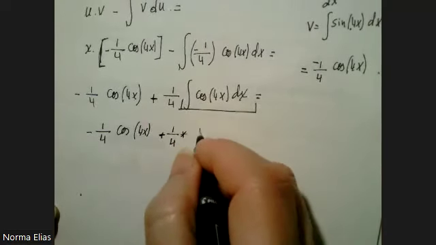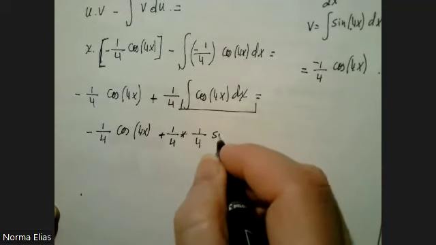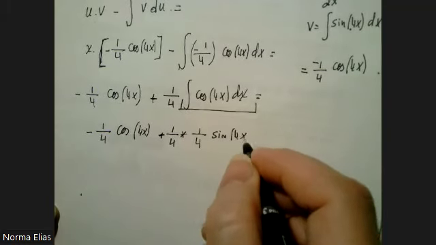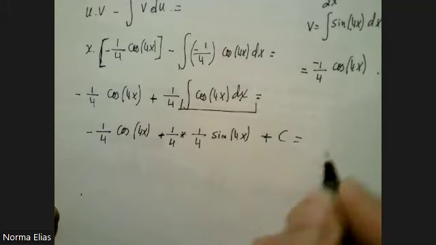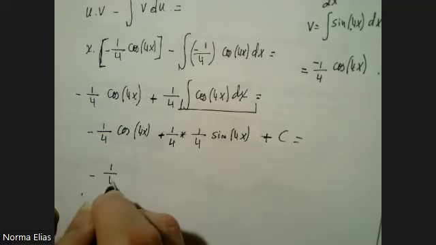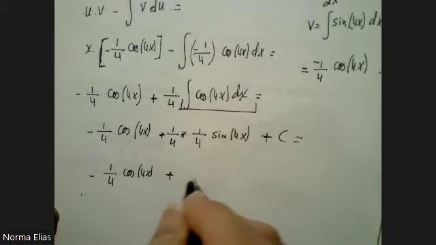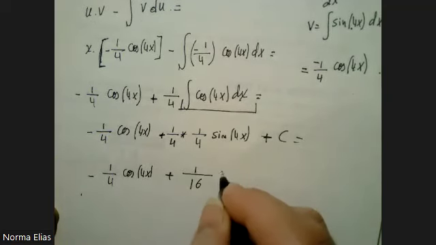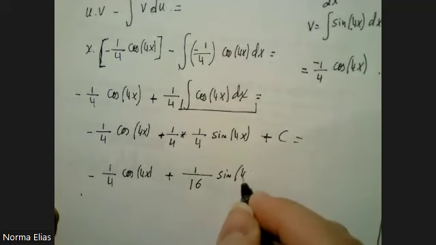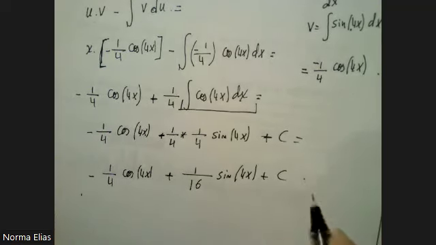That is another 1 over 4 sine of 4x. So finally, I will have minus x over 4 cosine of 4x plus 1 over 16 sine of 4x plus c. Differentiate it, you get exactly what you have.